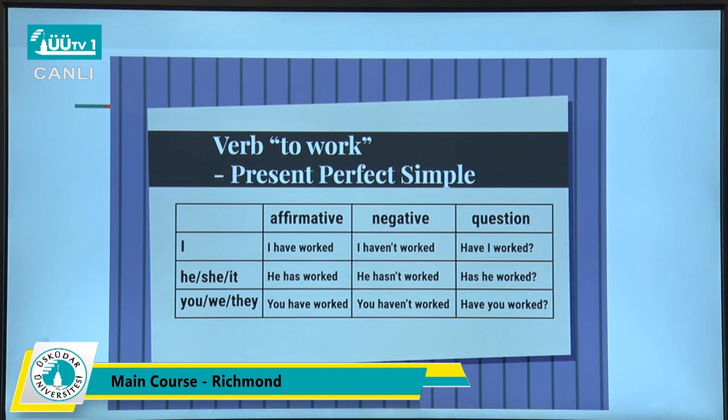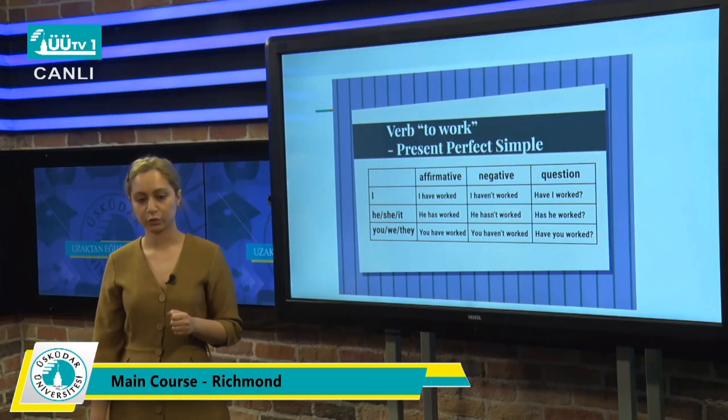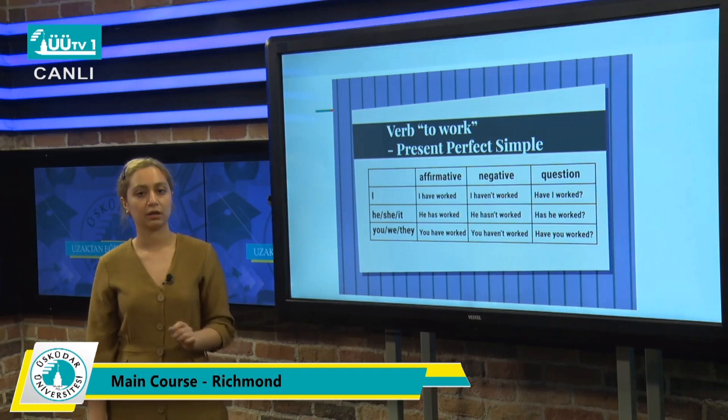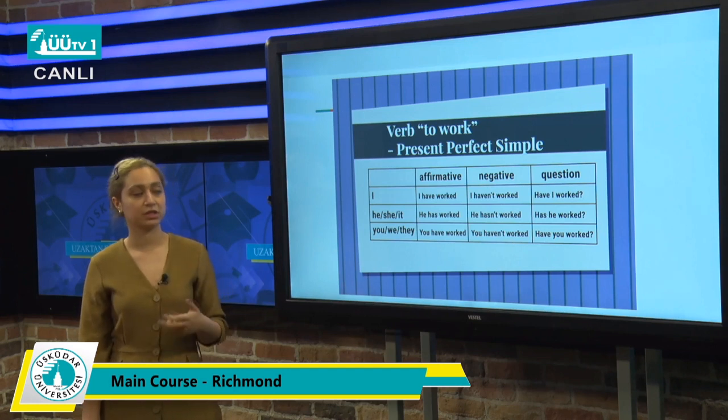For the negative sentence, we have I haven't worked, he hasn't worked, you haven't worked. For the question, have I worked, has he worked or she worked, have you worked? So what you need to always remember is, for the present perfect, you should always use have, has, plus past participle, which is verb 3.